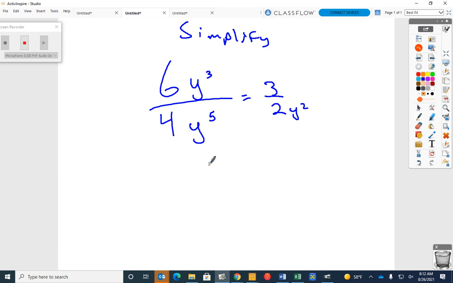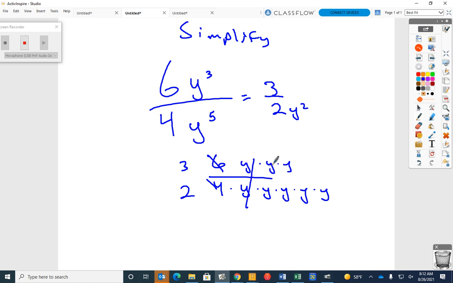If I wrote this out, 6 times y times y over 4 times y times y times y times y times y. We simplified this to 3 over 2. And then that cancels, that cancels, that cancels. What's left? Is that what we got? Very good. Does that make sense? That's a little bit trickier.